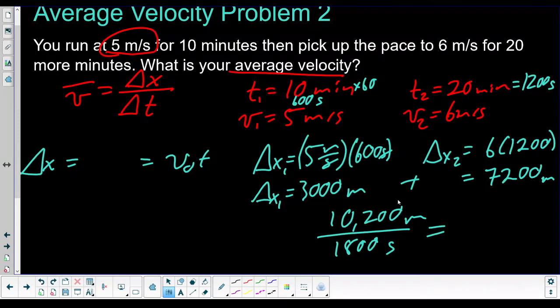Then we put this into our calculator very carefully. 10,200 divided by 1,800 equals 5.6666 repeating, so we'll round to 5.67 meters per second.